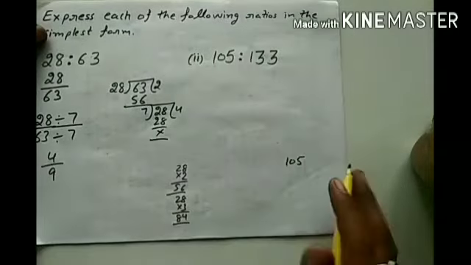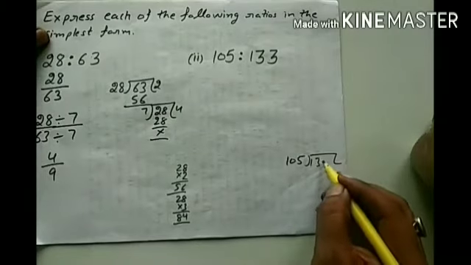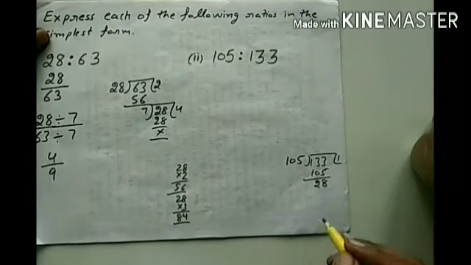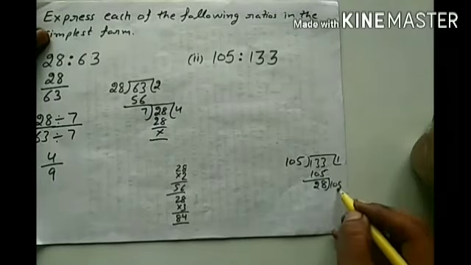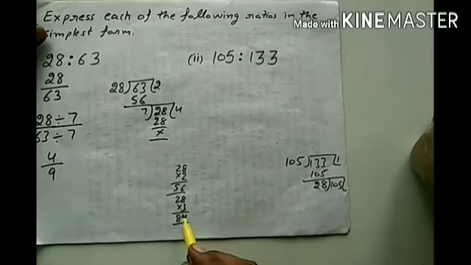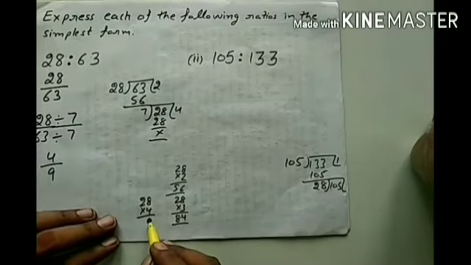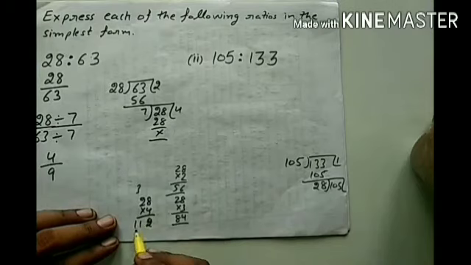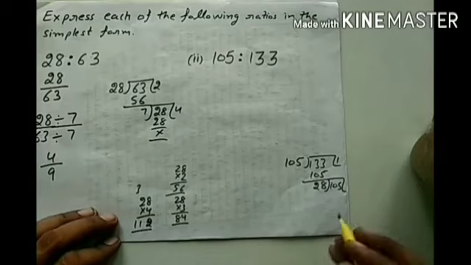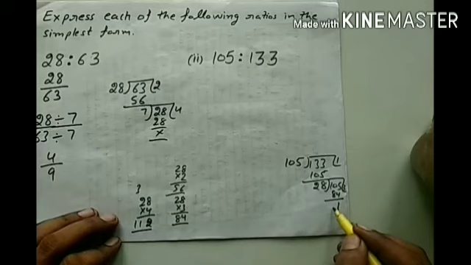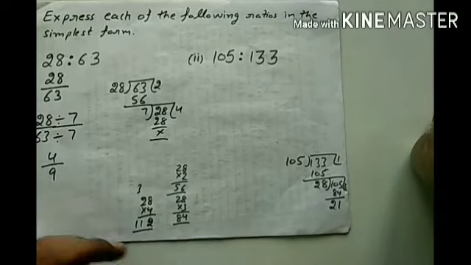105, divide 133. Now 28. The table of 28 we have counted up to 3, that was 84. Now if I count 28 up to 4, then 112. Now this is greater. So I will divide it at 3, and the remainder is 21.